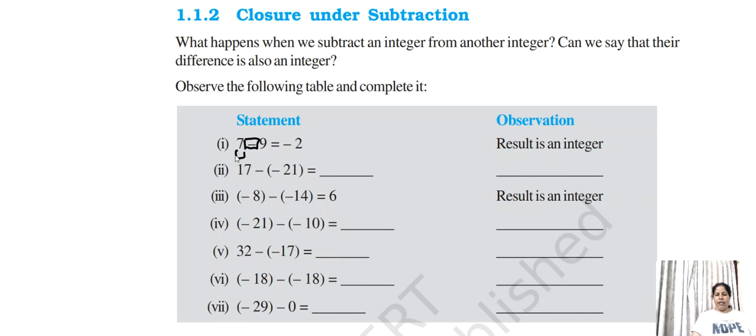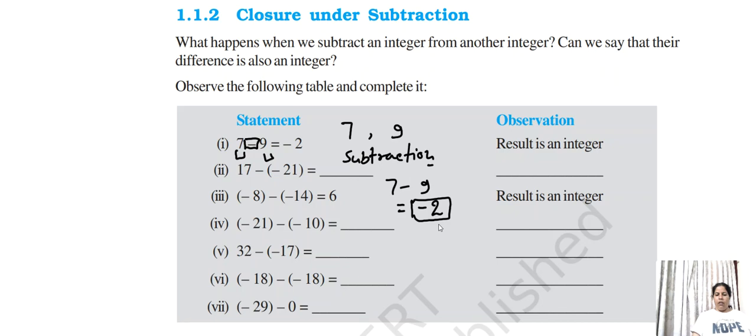So 7 and 9, two integers you have. Now go for subtraction. Okay, so 7 minus 9, you are getting minus 2, and this is again an integer.